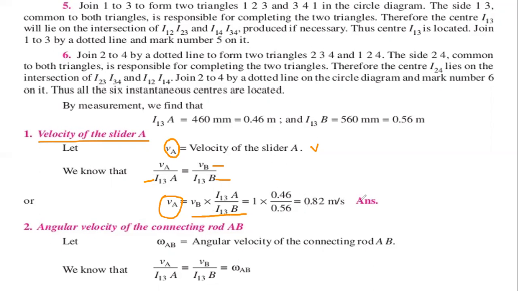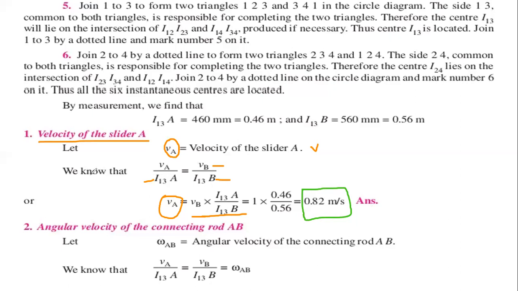Substituting these values, we got 0.82 meters per second as the velocity of A. So 0.82 meters per second is the velocity of A. Therefore we have got this velocity of slider A.